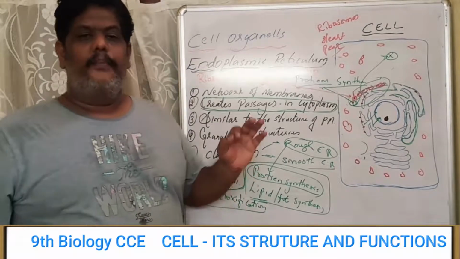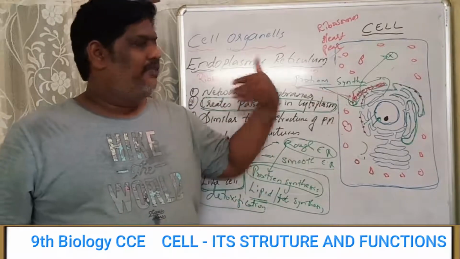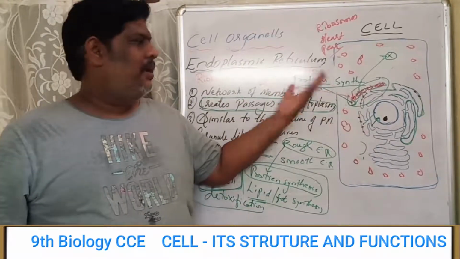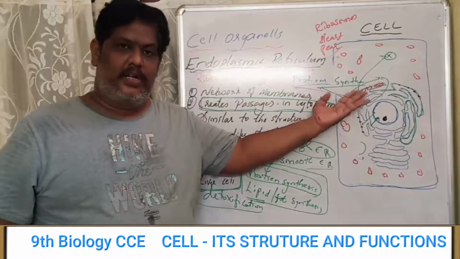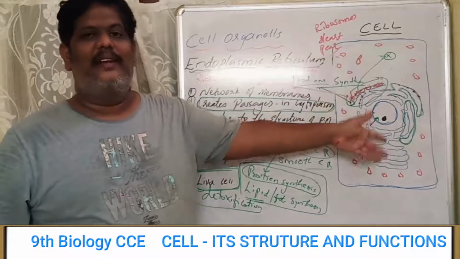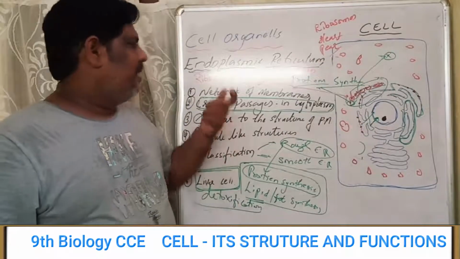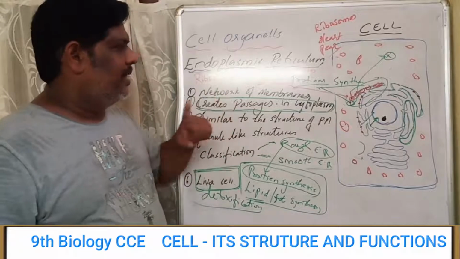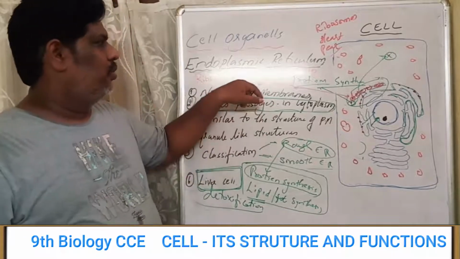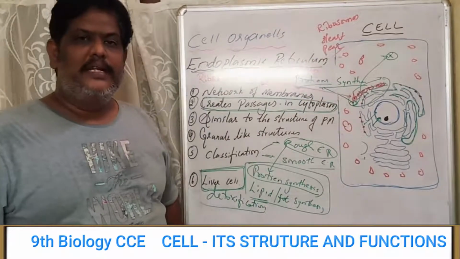Two, there are two types of ribosomes: some are attached to the endoplasmic reticulum, and some are free ribosomes because they are scattered in the cytoplasm. And what is the major function of ribosomes? The major function of ribosomes is to prepare the proteins. That means they also help in protein synthesis.